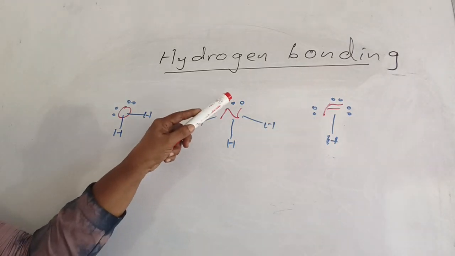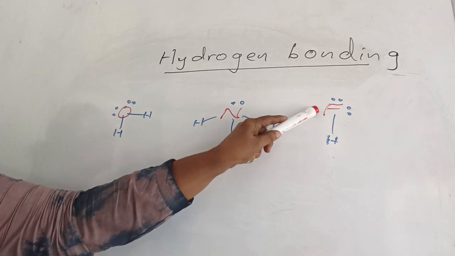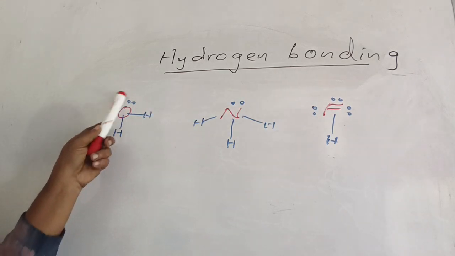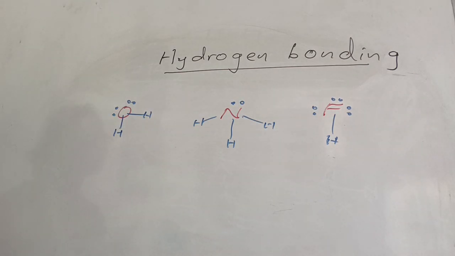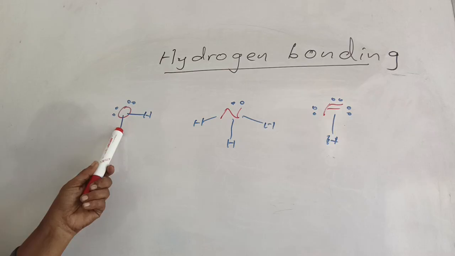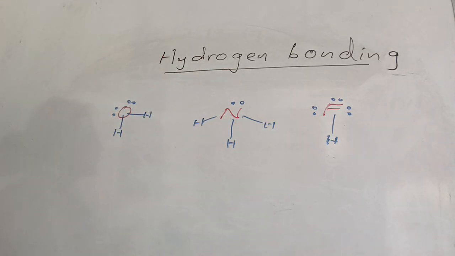Also, nitrogen has one lone pair, fluorine has three lone pairs of electrons, whereas oxygen contains two lone pairs of electrons.